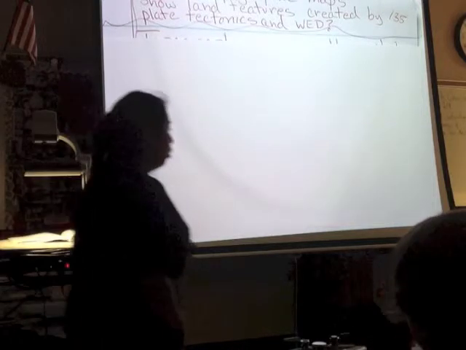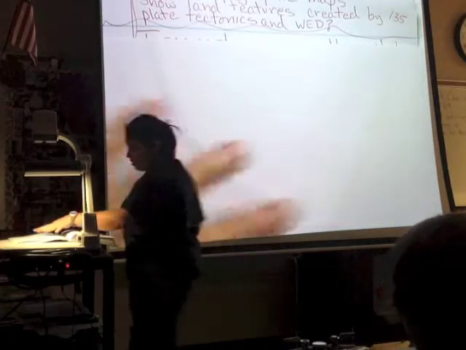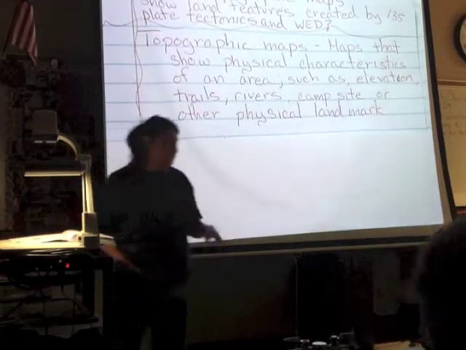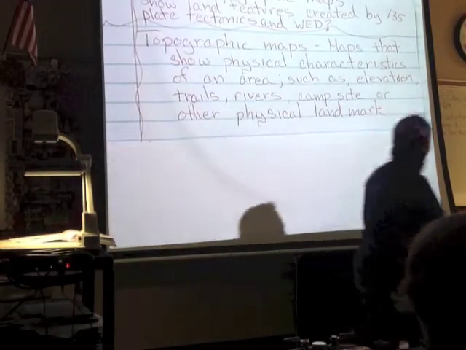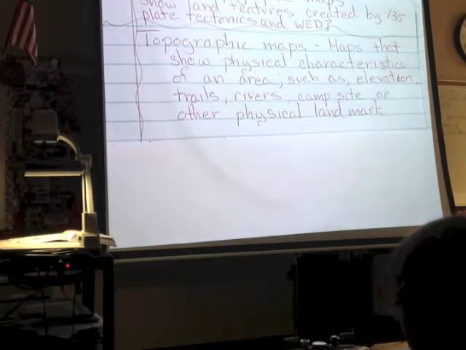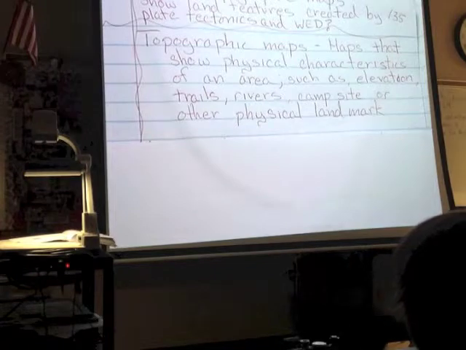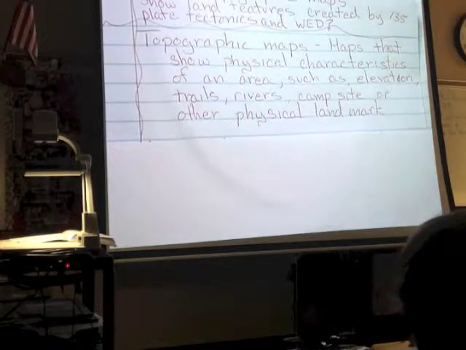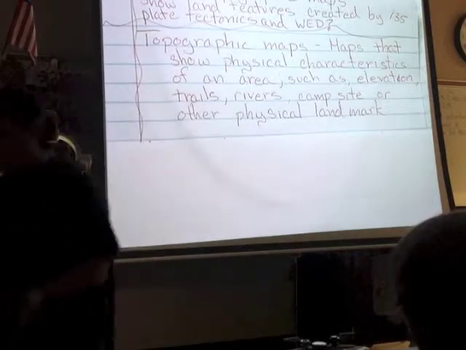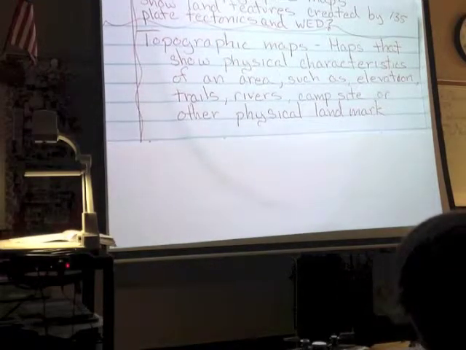So, looking at what topographic maps are. Basically, all a topographic map is, is a map that shows you physical characteristics of the land or the area. Examples of things that a topographic map can show you is definitely elevation.